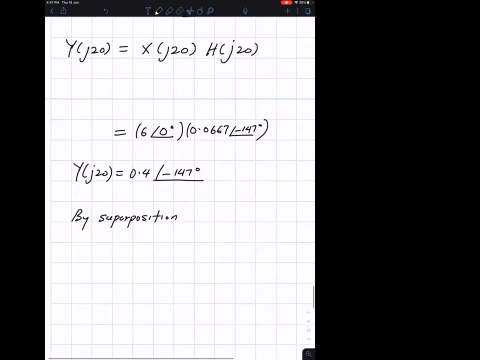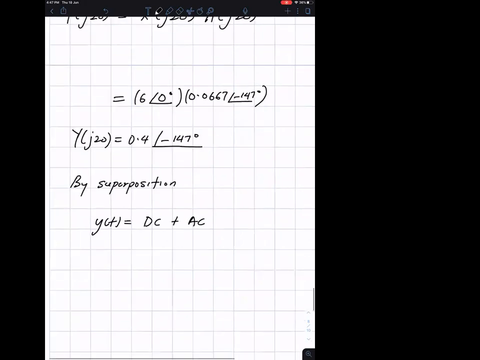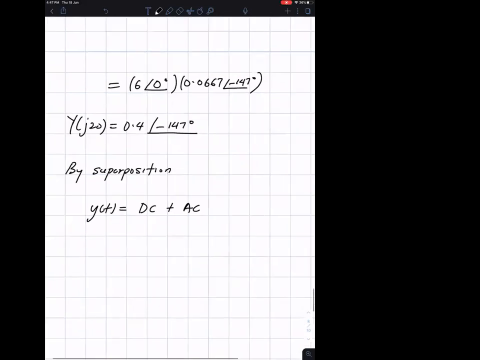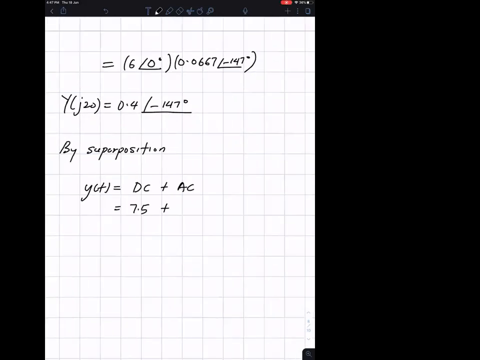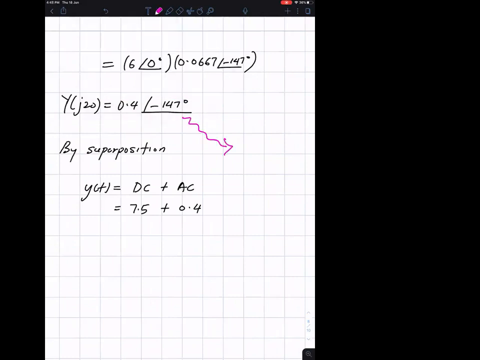AC can be added to DC. The output in time domain is the DC output that was obtained plus the AC output in time domain. The DC output we found out to be 7.5 plus the AC, which is 0.4. Now I'm going to convert this to time domain.